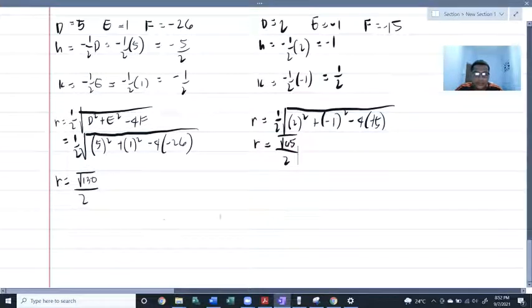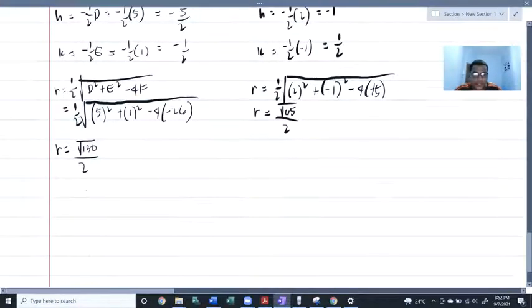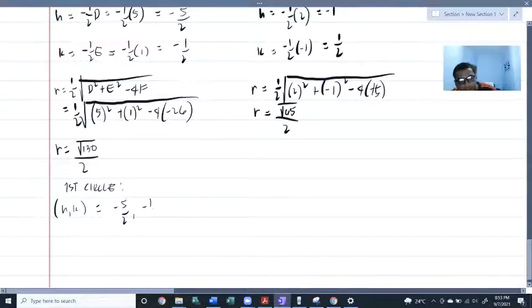Okay. Now, to summarize, our first circle, our center is at negative 5/2, negative 1/2. And our radius is square root of 130 over 2.